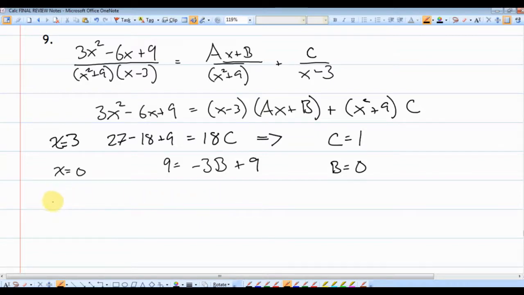Another number. Let's use 1. 3 times 1 is 3, 6 times 1 is 6, so 9 equals negative 2, a times 1 is a plus b, which is 0, plus 10c, and c is 1.